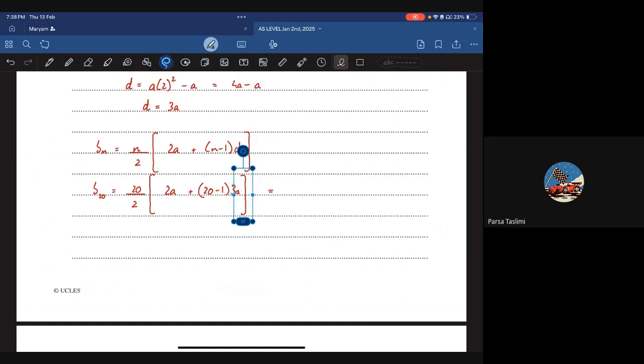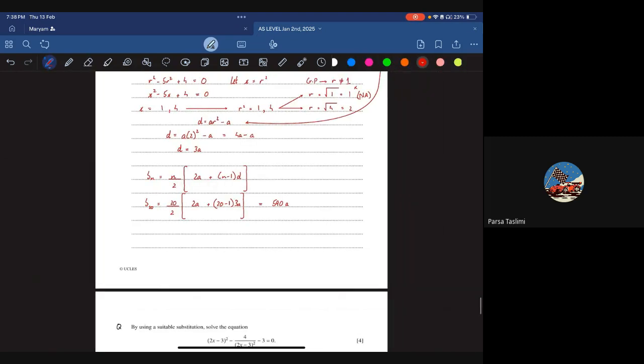So it's 598. Clear, Harsha? Any issues with this?